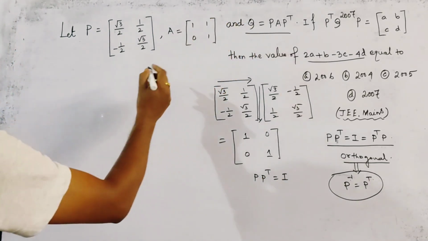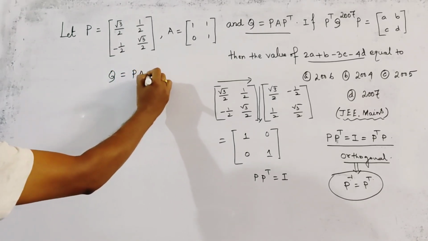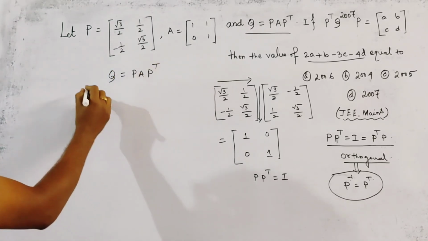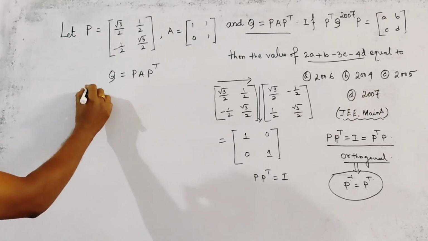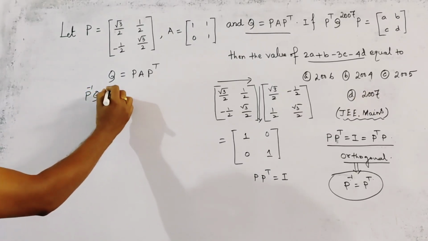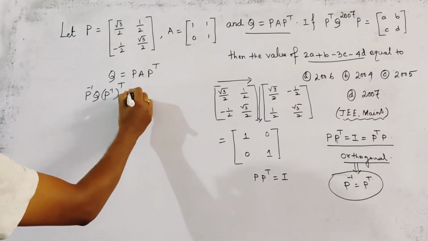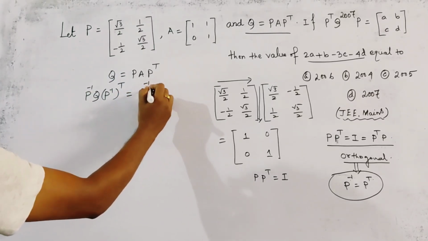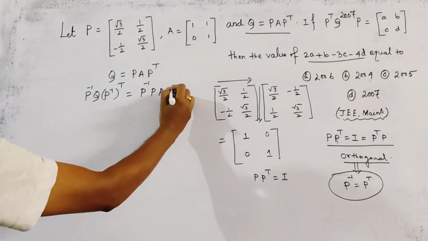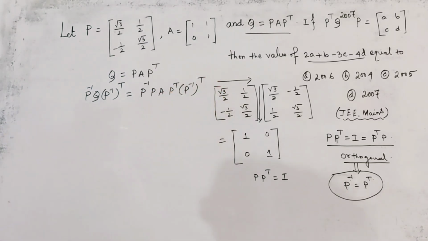Now from the relation Q equals P A P transpose, we multiply from left by P inverse and from right by P inverse whole transpose. So we get P inverse Q into P inverse whole transpose, which is P inverse P A P transpose P inverse whole transpose.